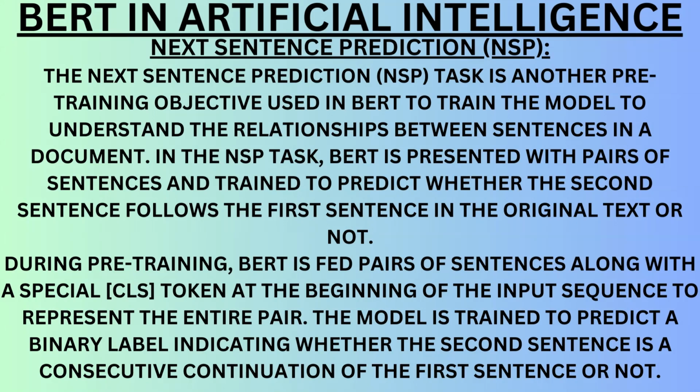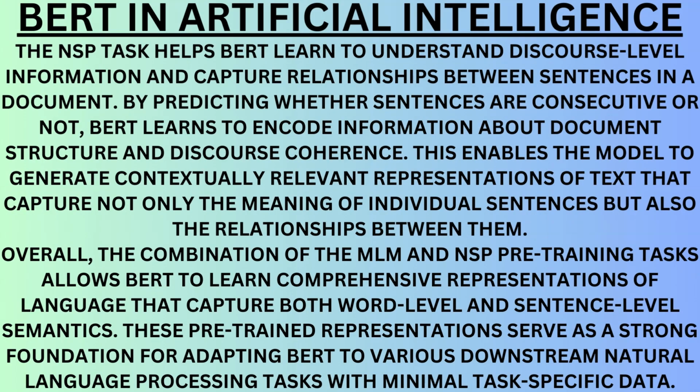The NSP task helps BERT learn to understand discourse level information and capture relationships between sentences in a document. By predicting whether sentences are consecutive or not, BERT learns to encode information about document structure and discourse coherence. This enables the model to generate contextually relevant representations of text that capture not only the meaning of individual sentences but also the relationships between them.